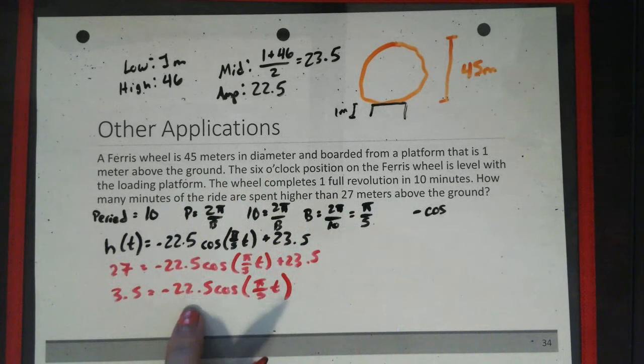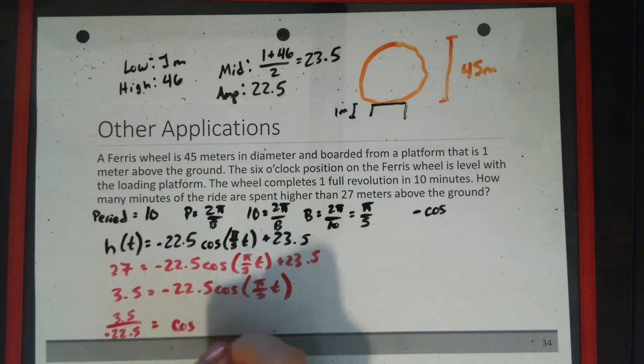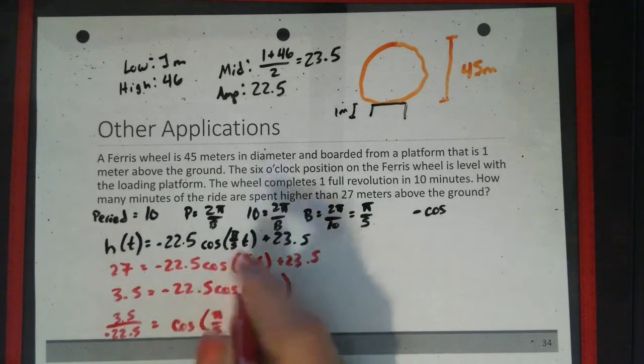I'm going to divide both sides by negative 22.5, and we get 3.5 divided by negative 22.5 equals the cosine of pi over 5t.